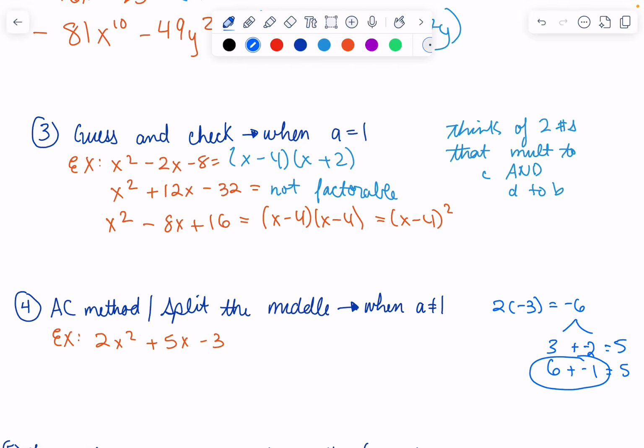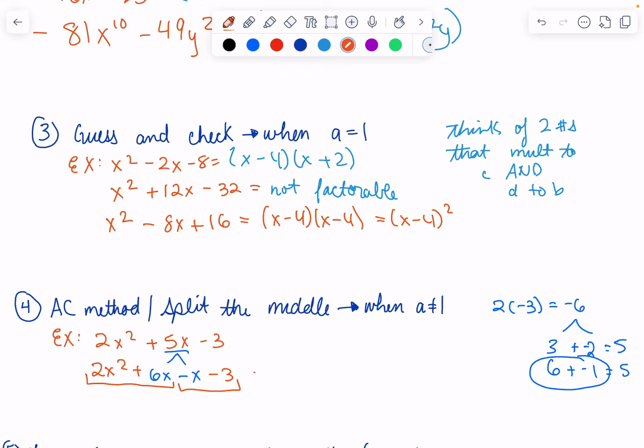I'm going to split it into these two values. So it becomes 6x minus x, and then everything else stays the same. So 2x squared plus 6x minus x minus 3. And now I want to do factor by grouping, where I look at the first two terms, take out their GCF, and then do the same for the last two terms.